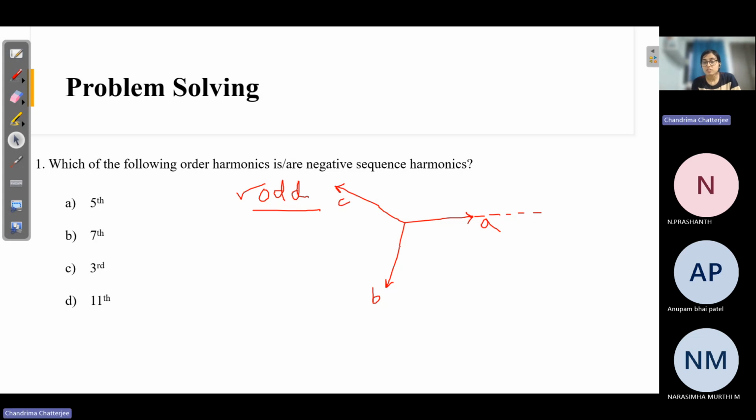Suppose counterclockwise angle is positive. So B is 120-degree lagging from A and C is 120-degree leading from A. So the phase sequence would be A, B, C. Okay, this is the phase sequence. Now, if the phase sequence is reversed, A, C, B, like this, this is the negative sequence. Okay, this is the negative sequence.